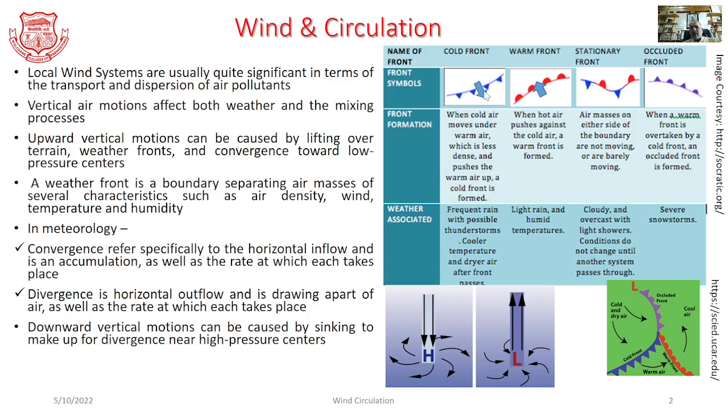In the case of the cold front, the cold mass moves under the warm mass. This warm mass is less dense, and hence, the cold mass being very dense, the warm mass can be easily pushed up, and as it goes up, it will get cooled, and it will cause rain as well as thunderstorms.